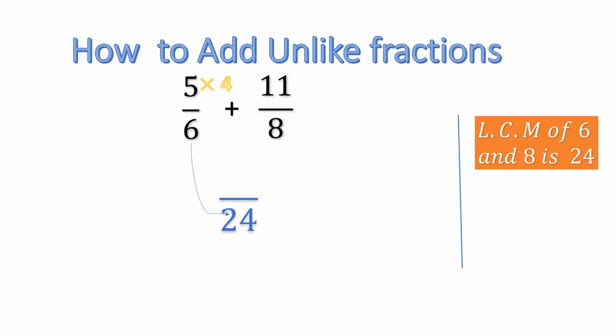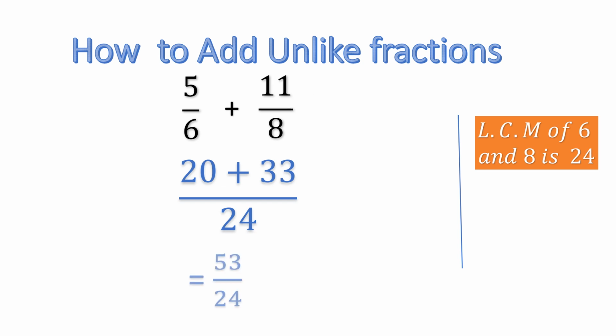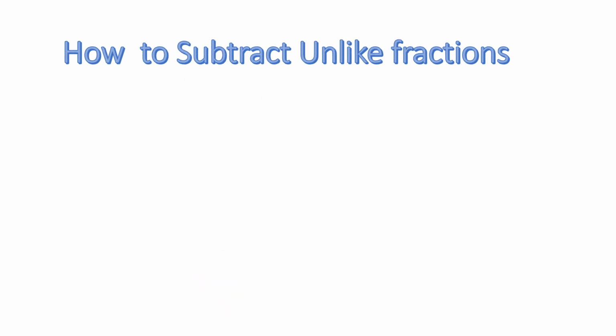We are just making it 5 into 4, that is 20. Again, we have the plus sign. Next, we should figure out 8 multiplied by how much is 24. We know 8 multiplied by 3 is 24. We take that 3 to the numerator as multiplication, so we have to do 11 multiplied by 3, that is 33. Now we'll just do the addition: 53 over 24. That's our final answer.